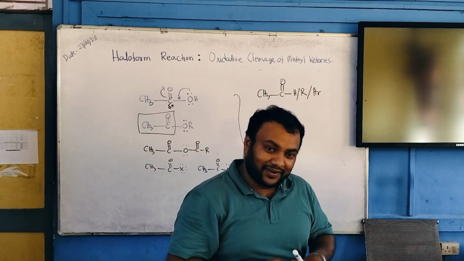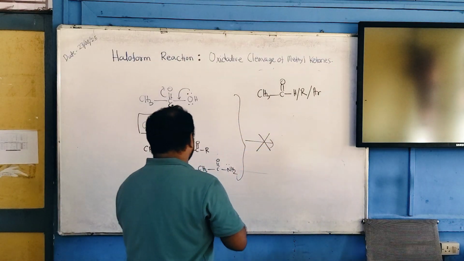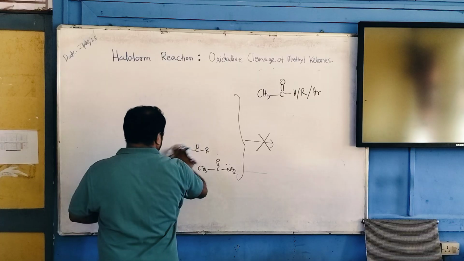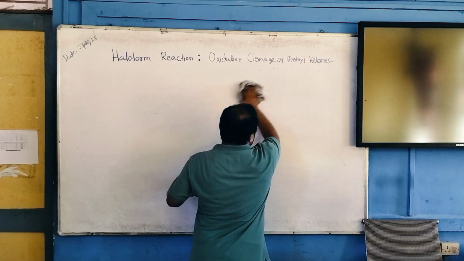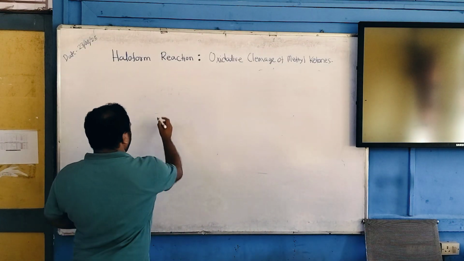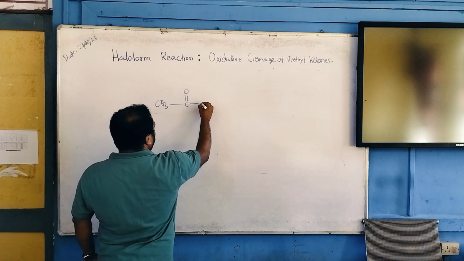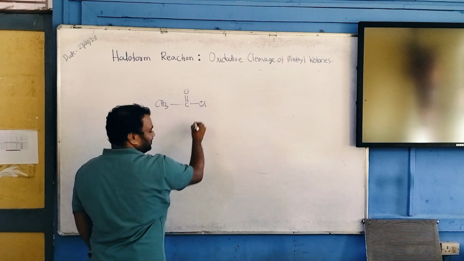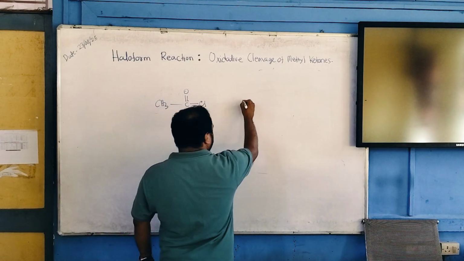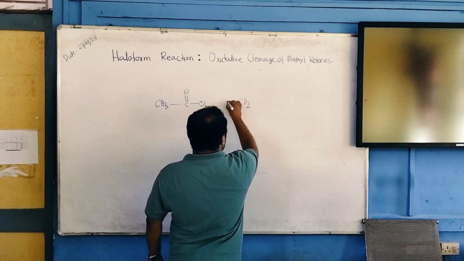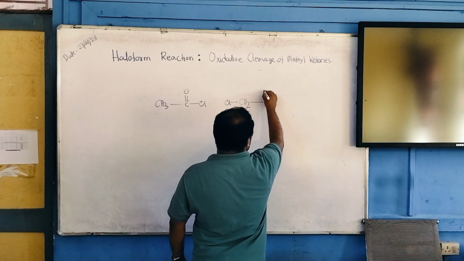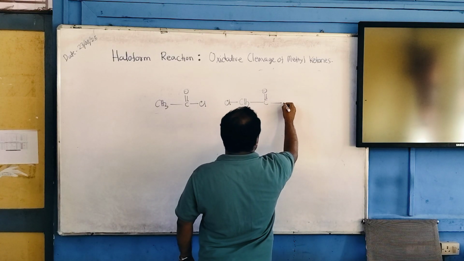No. But that is a very interesting question. Like if I ask you, suppose you have CH3C=O chlorine, and CH2 chlorine, very simple one, there is no difficulty here.